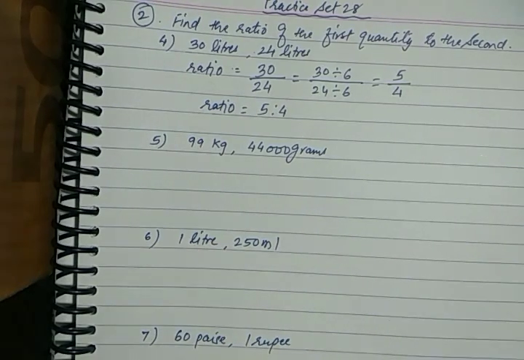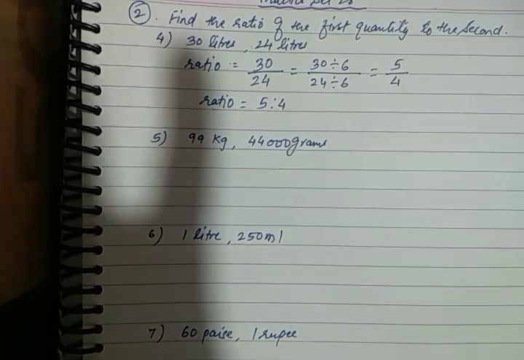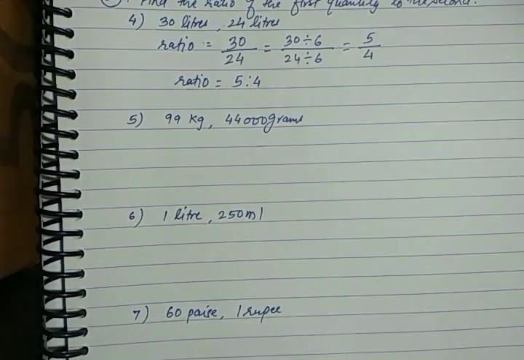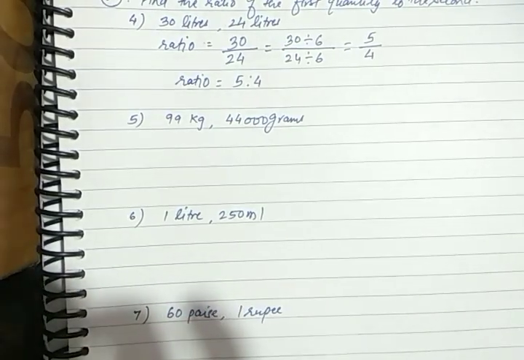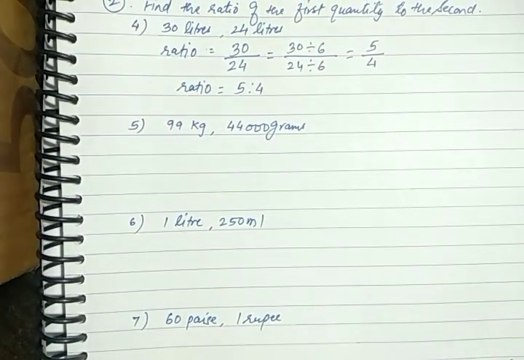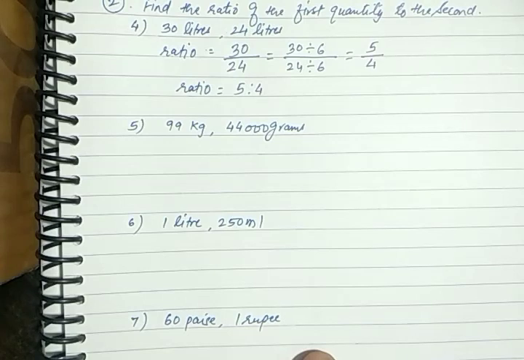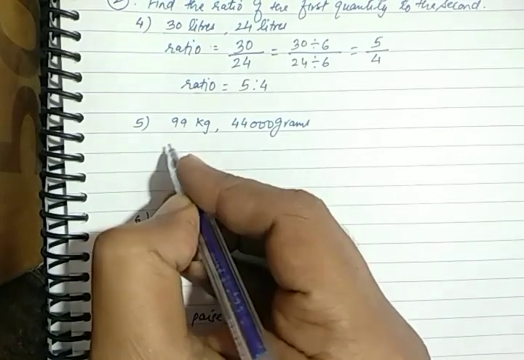Now look at the next one. 99 kilogram and 44,000 grams. Here the units are different, so first we have to make them the same unit.